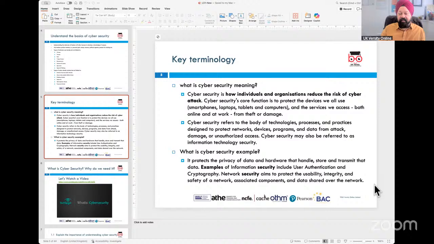So even if somebody gets hold of your email, if you've enabled two-factor authentication, that would trigger either a text message, an email, or it will ask you to use an authenticator app to generate a 6-digit code. Once that is put in, that would then allow you to log into your account.